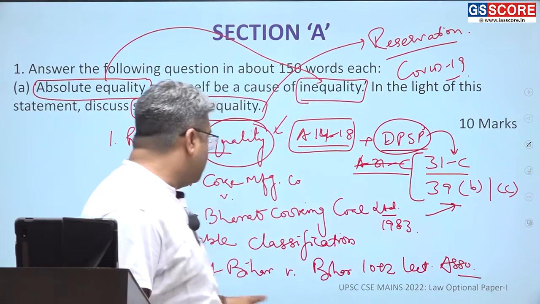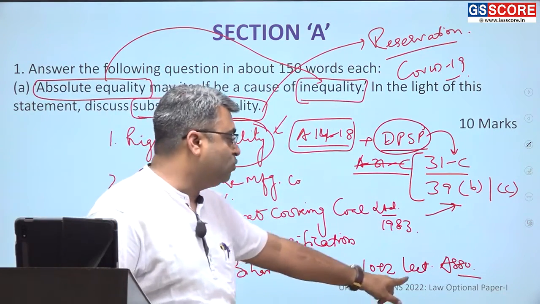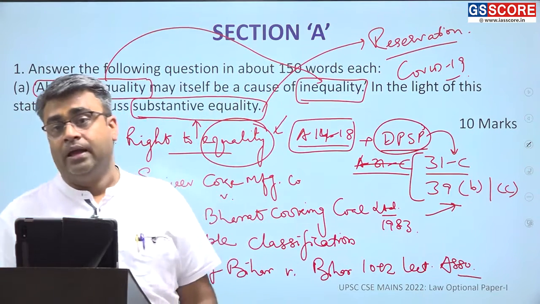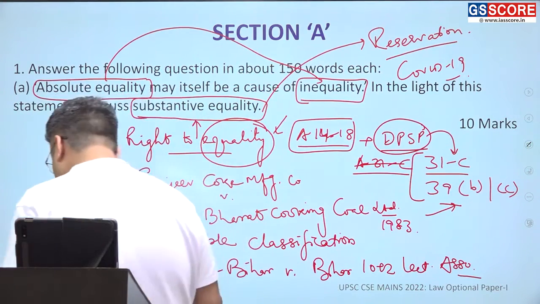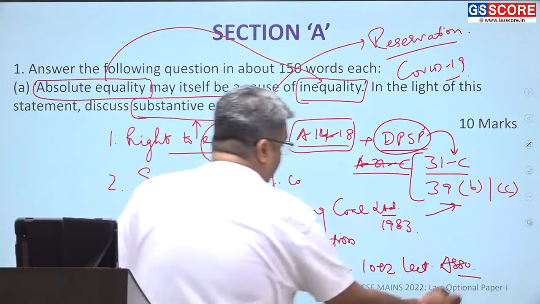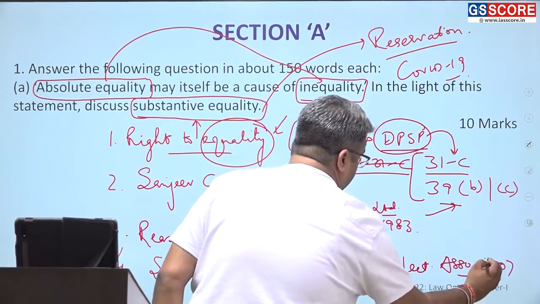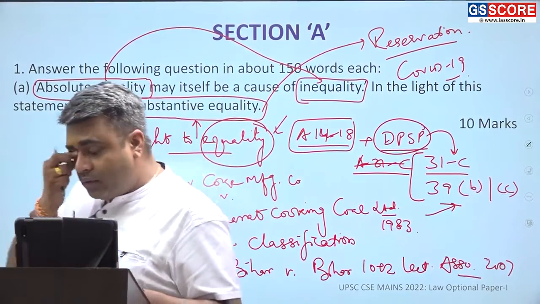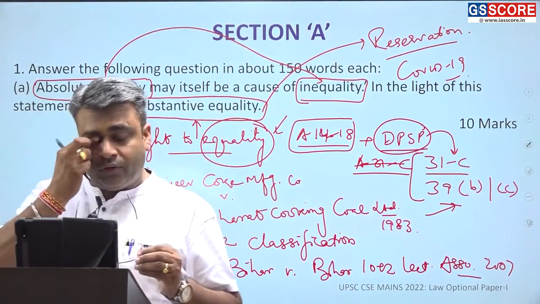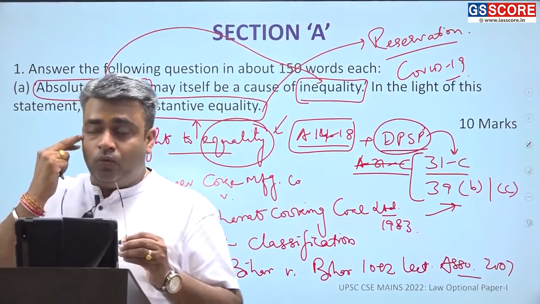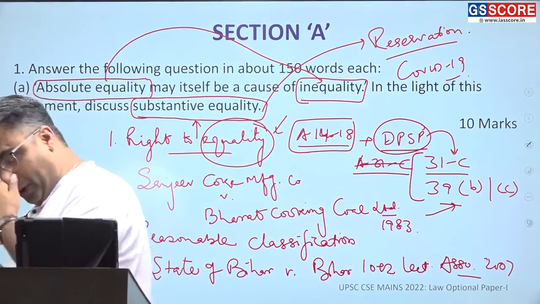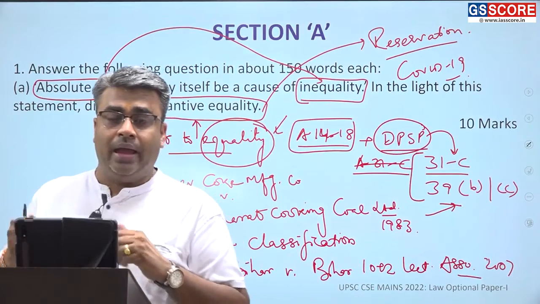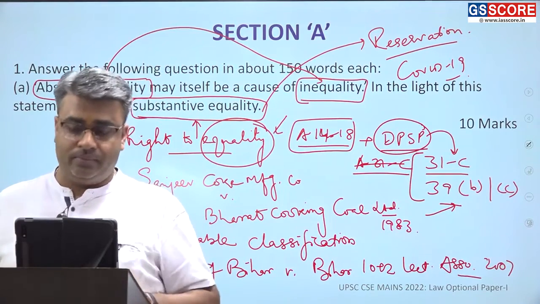Why I mentioned the State of Bihar versus Bihar 10+2 Lecturers Association case to you. This is a very interesting case actually. In this case, a few lecturers were trained and a few lecturers were untrained.